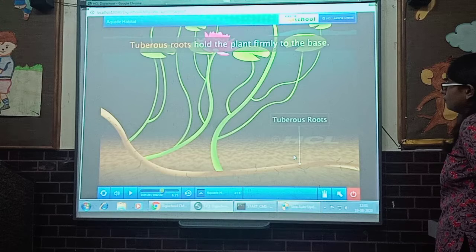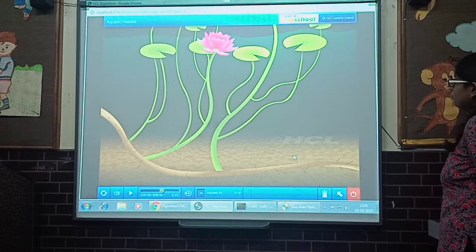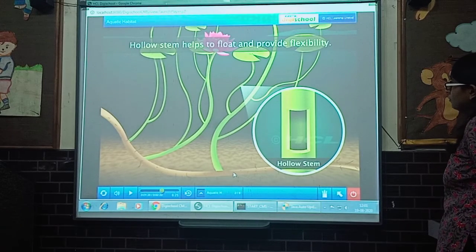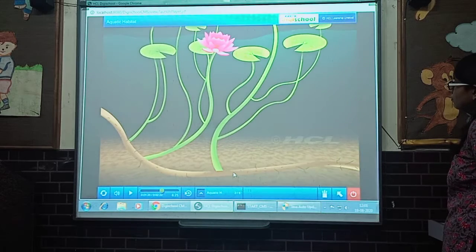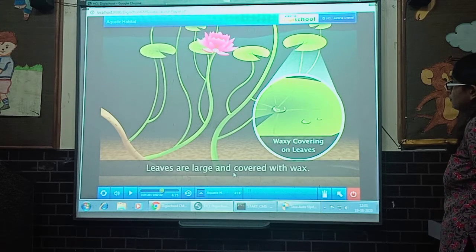The tuberous roots help to hold the plant firmly to the soil. The stem of the lotus plant is hollow. This helps it move in the water without breaking. The leaves have a waxy covering to prevent it from rotting.